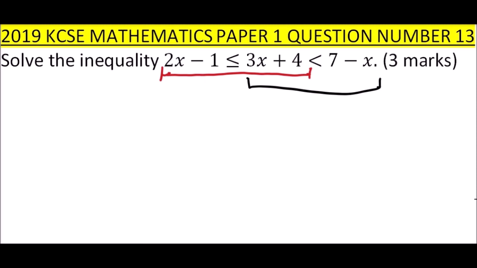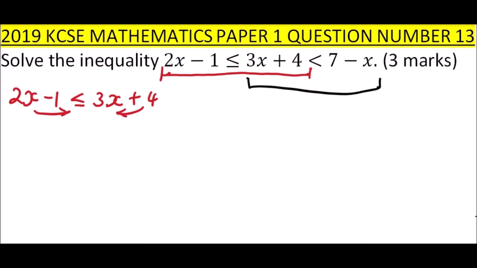You say this is 2x minus 1 less than or equal to 3x plus 4. So we put the like terms together. We take 2x to the other side, and we take 4 to this other side.